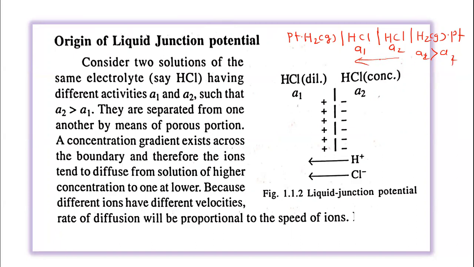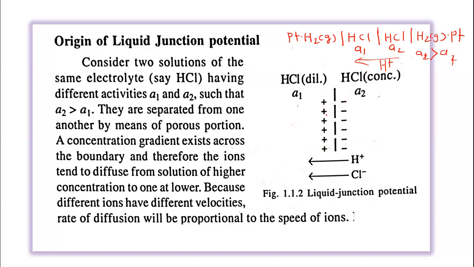So hydrogen ions are moving, and as they have a small size, they are moving very fast. So this dilute compartment has a greater number of hydrogen ions, and chloride ions are slower-moving ions. At the contact between the two electrolytes, separation of charges takes place.